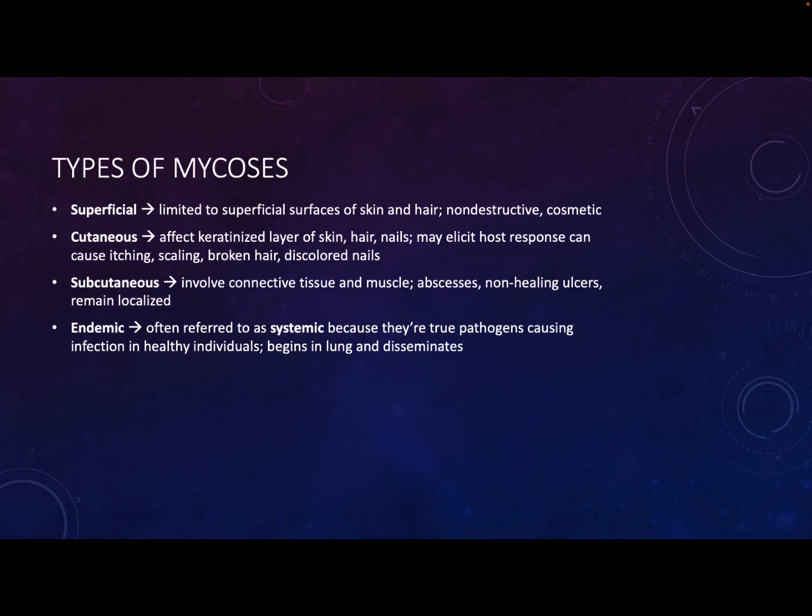These are true pathogens that can make otherwise healthy people sick. Most often, these endemic or systemic infections, either term can be used, originate as an inhaled infection. They get into the lungs and then they disseminate throughout the rest of the body.